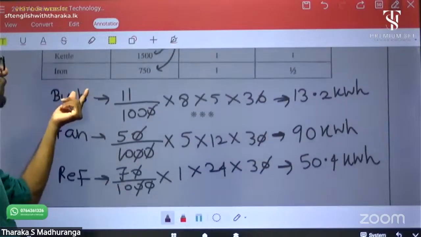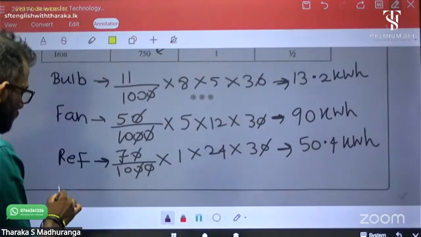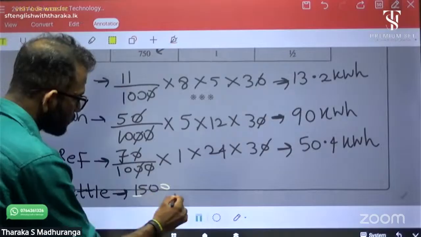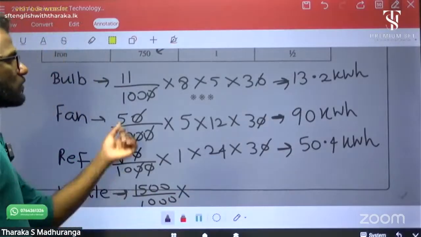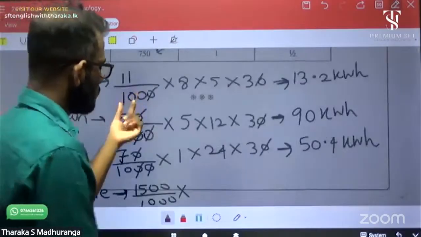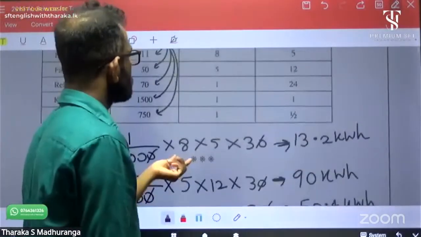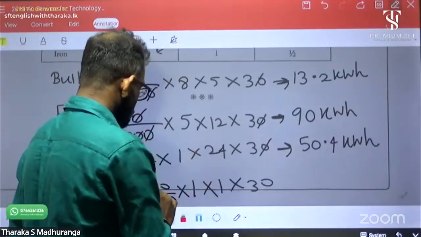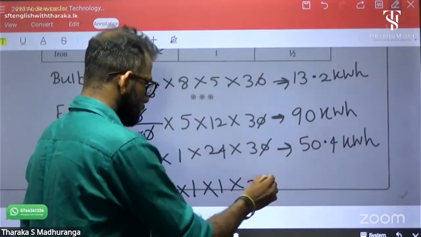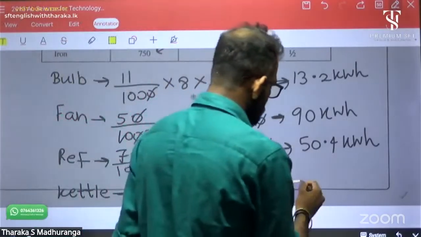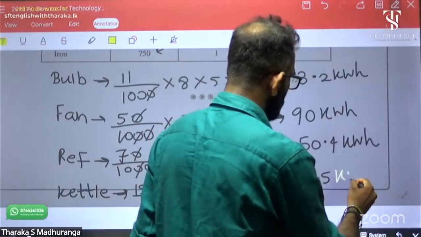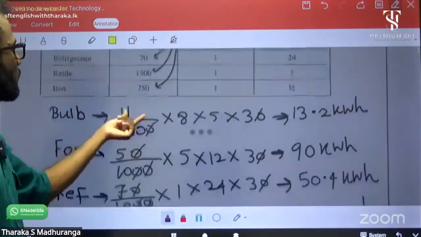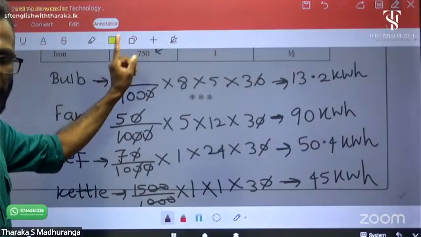Kettle: 1,500 over 1,000 into 1 into 1 hour, 30 days. The 30s cancel out. 15 into 3, 45 kilowatt hours. Okay, without a calculator, can you make a mark here?